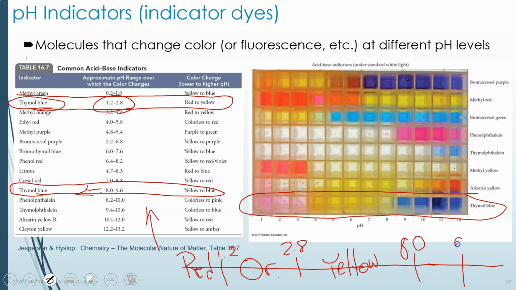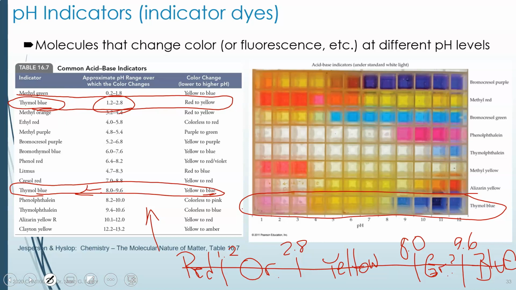And by the time we're at 9.6, we might expect the color to change to blue. And maybe the in-between color between 8.0 and 9.6 might be green. We don't know. Sometimes it is, sometimes it's not. Sometimes you have to be right in the exact right pH to get that intermediate color.